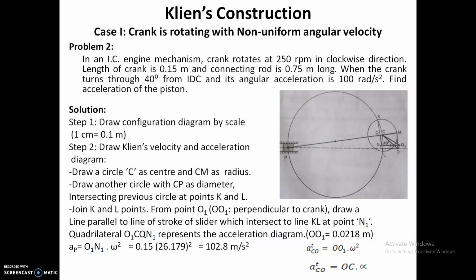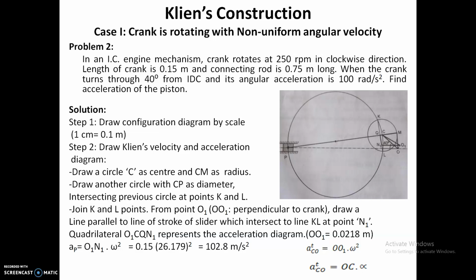Now, when the crank is rotating with non-uniform angular velocity, there are some changes in the construction. The change is that you draw the line OO1. This OO1 has a magnitude as well as a direction, because it is the tangential component of the crank.